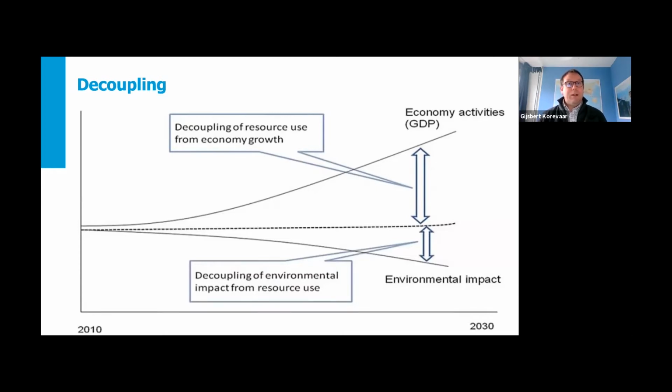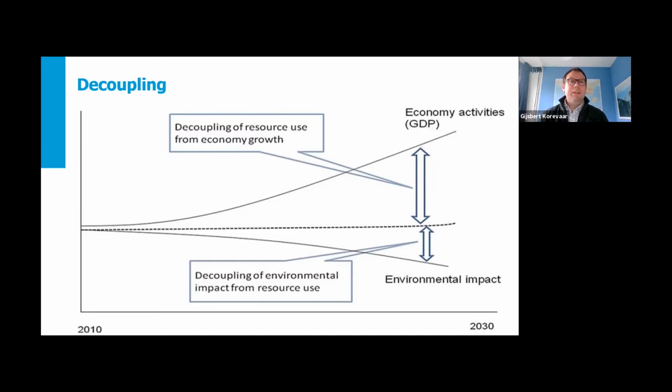Now, in the background of that argumentation is that we are trying to achieve a kind of decoupling. So in the traditional economy, we would say, well, there is more economic activity, there are more people, and that all leads to a higher environmental impact automatically. And the wealthier a country is, and we still see that trend, more wealthy countries, more economic turnover, more GDP, means in practice higher environmental impact.